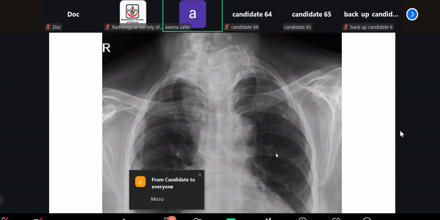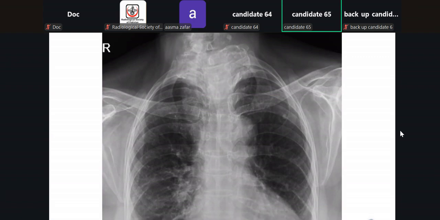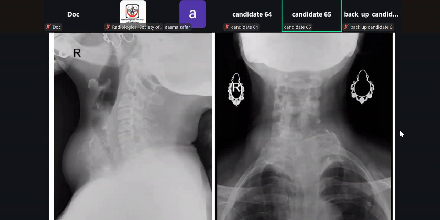So this is an elderly lady. I am provided with the X-ray chest frontal projection of an elderly female patient, in which I can appreciate multiple calcified opacities in the pretracheal region, along with a soft tissue component.